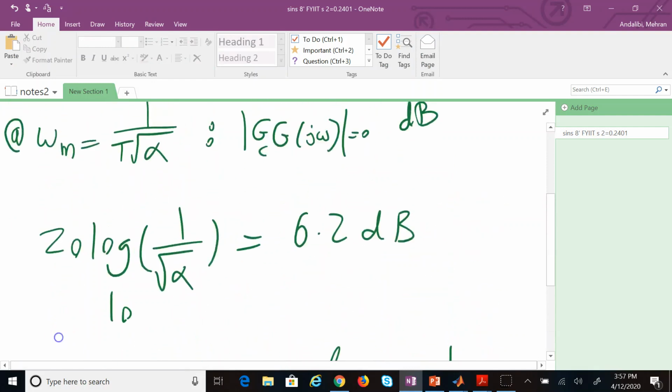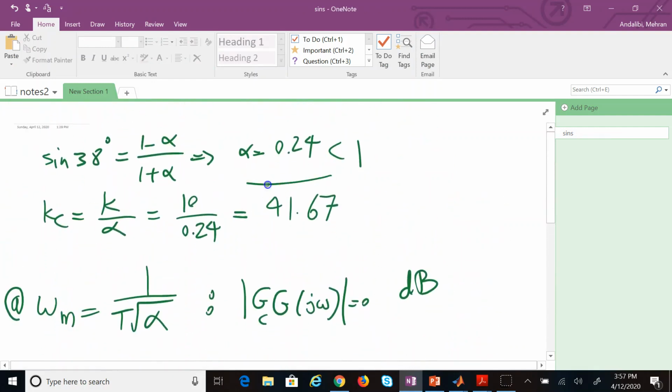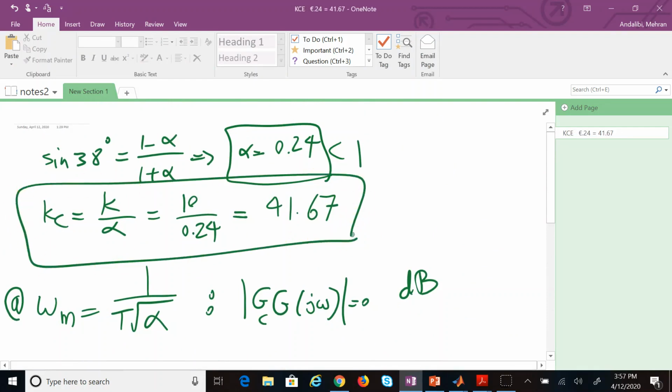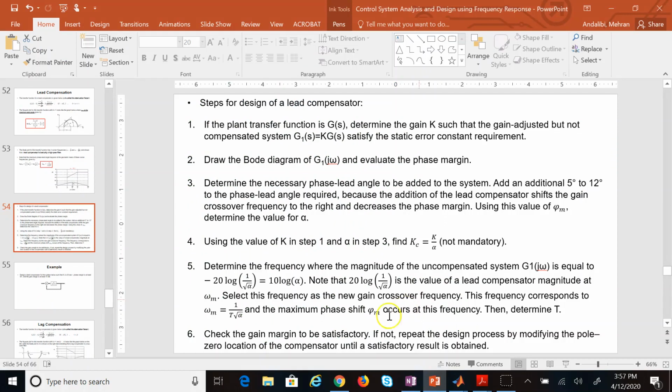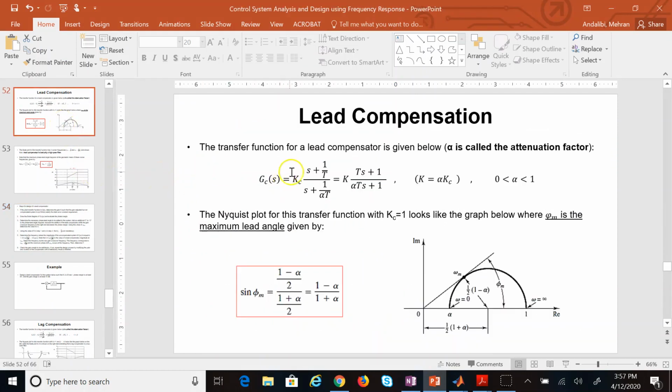Okay, so now I have my t, I have my alpha, and I also found my Kc, and therefore I can completely form my compensator.